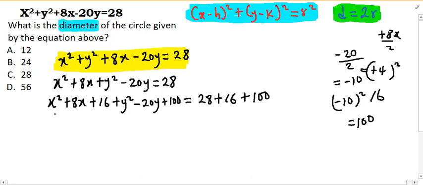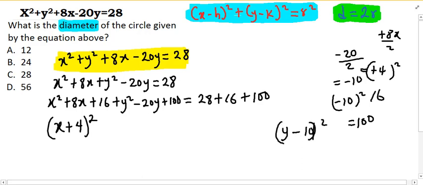So let's factor this using the classic quadratic. If we factor this, we're going to have (x plus 4) all squared. Hope this is making sense to you. And then let's factor this using the classic quadratic. We should have y minus, let's try minus 10 and check if it makes sense.